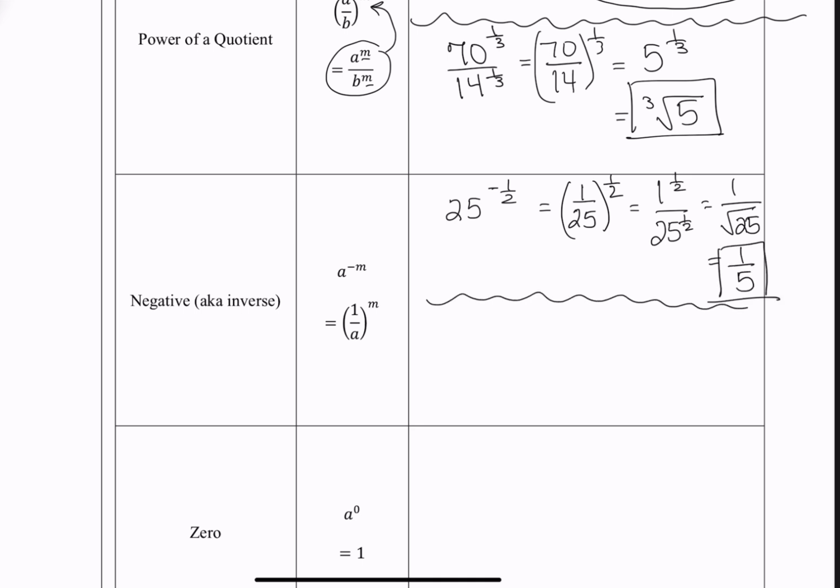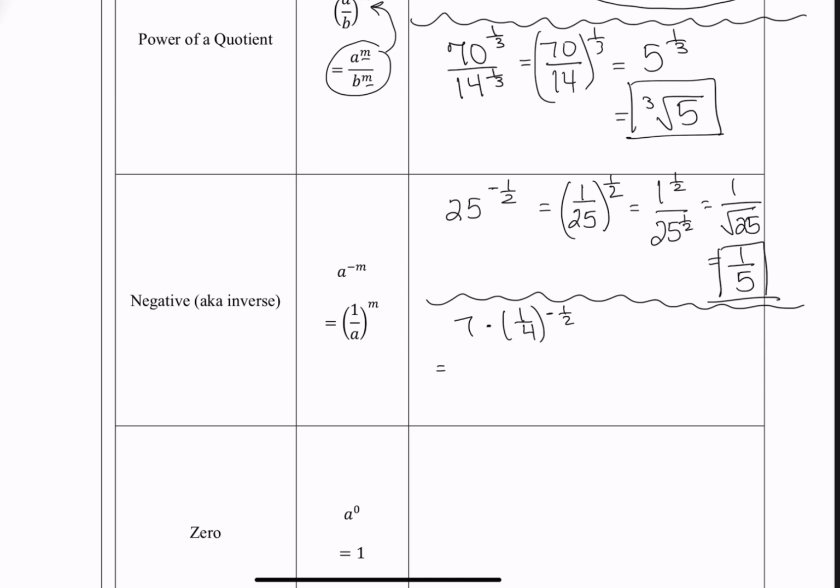Let's do another example. 7 times, let's do 1 over 4 to the negative 1/2. All right, well, the 7 can stay the same, but the 1 over 4 to the negative 1/2 needs to be turned into a positive exponent. And in order to do that, we're going to reciprocal the base.